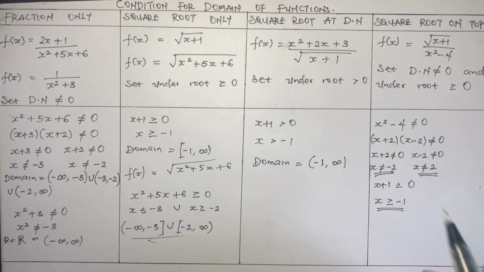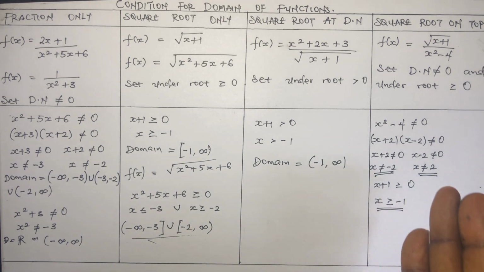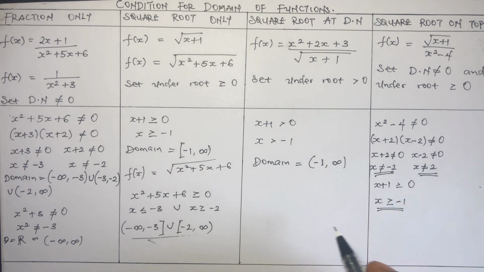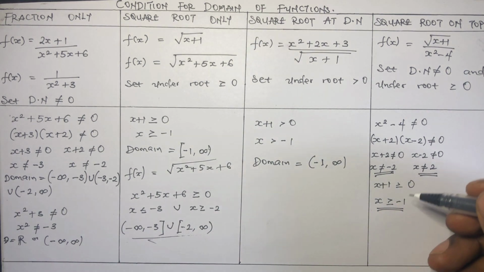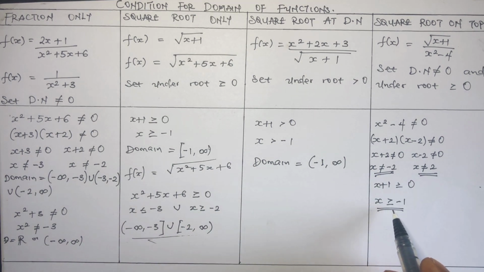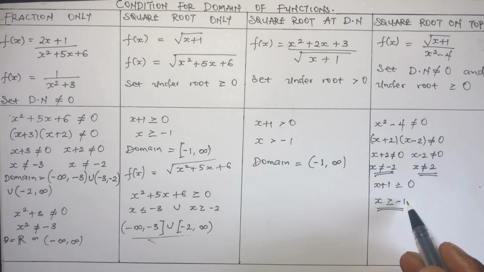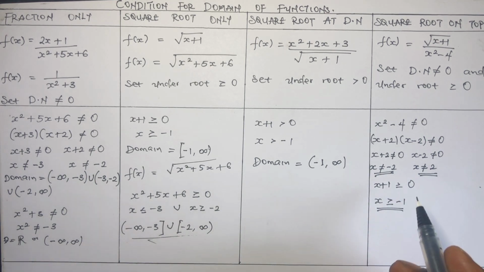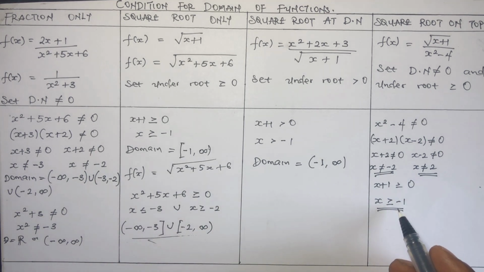When you remember your number line from negative infinity going to positive infinity, you will find that negative 2 is actually less than negative 1, and this condition already cancels out what we have here, because the other condition is telling us that x should be greater than or equal to negative 1, which means x should not be as low as negative 2, because negative 2 is less than negative 1. So this is out.